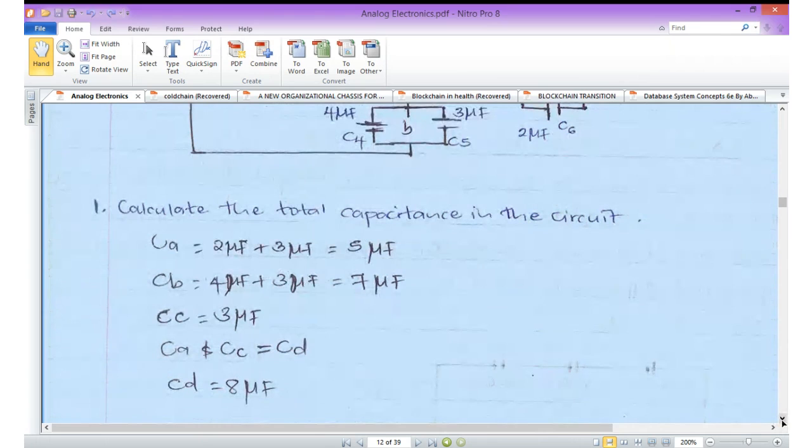CB is 7. So that is circuit B. Circuit C is 3. Then you can combine them together.